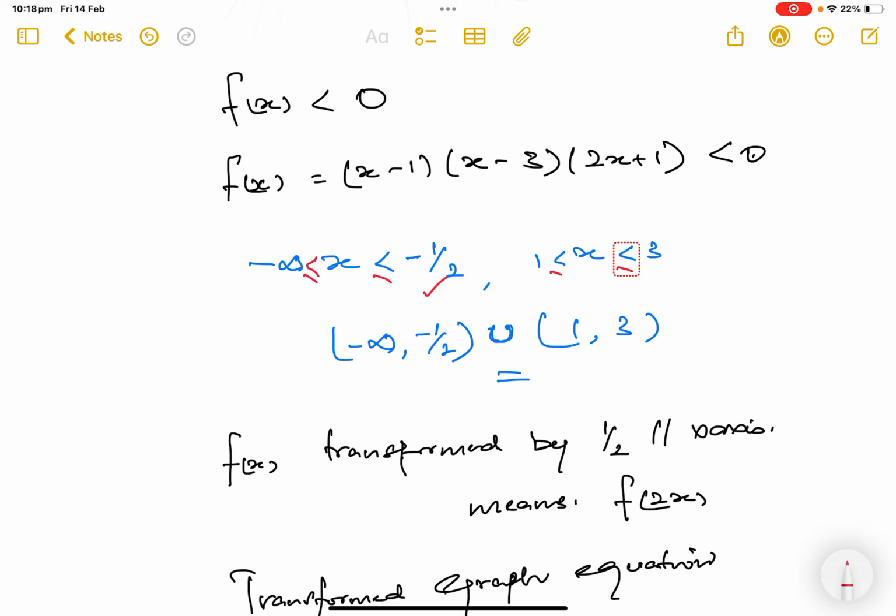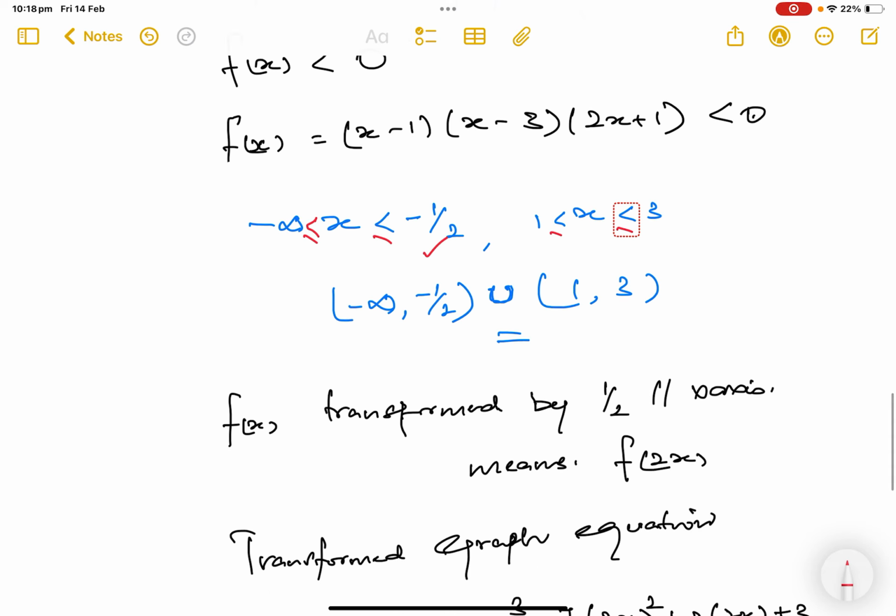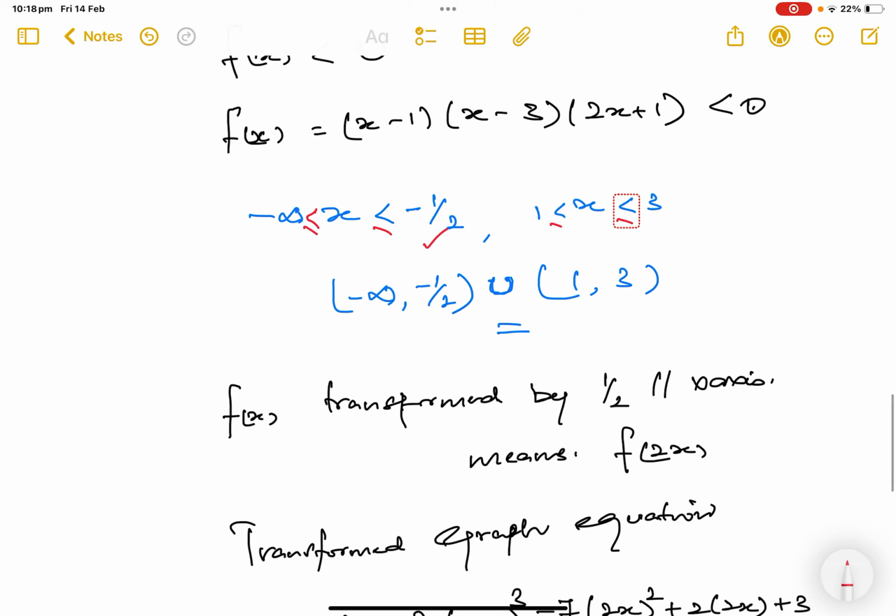Both minus infinity to −1/2, and 1 to 3. So that's the answer.